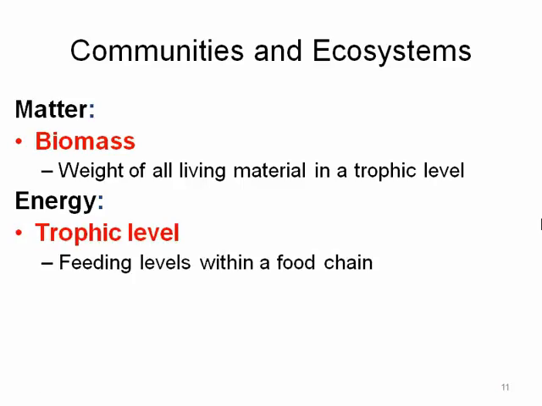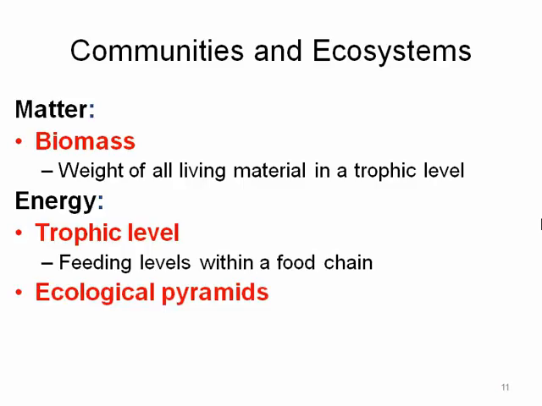These are feeding levels within a food chain. So going back to early days of your science education, you probably learned about food chains and food webs, where we get our nutrition, where different plants and animals consume one another, and so on. And this gives rise to a food chain. So matter and energy pass through that process, and we refer to that as different feeding levels or trophic levels.